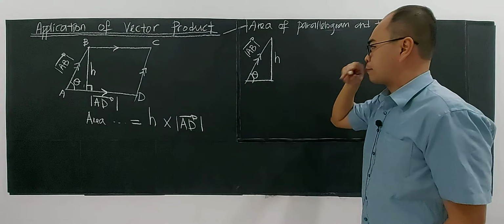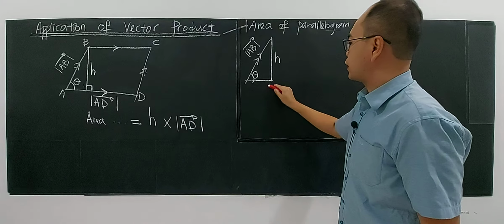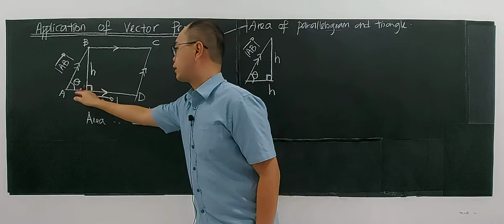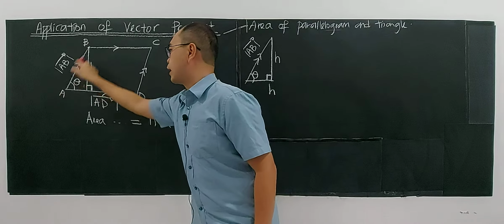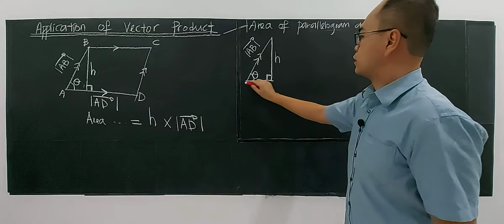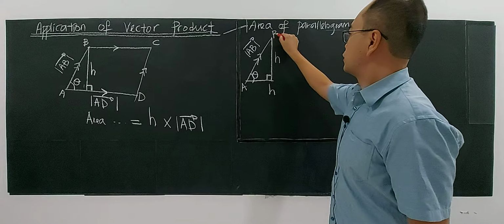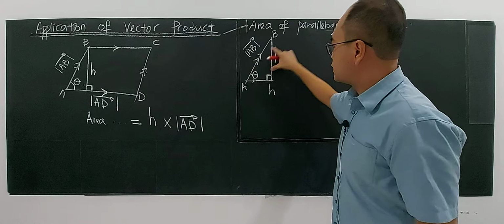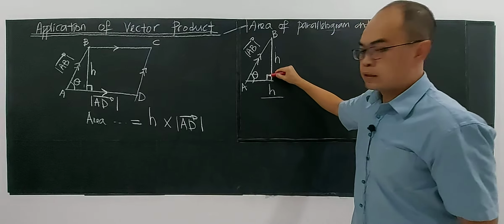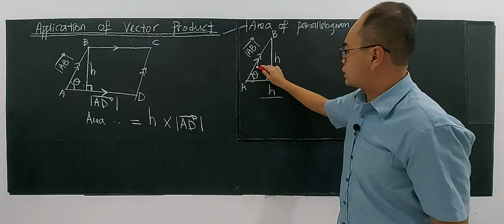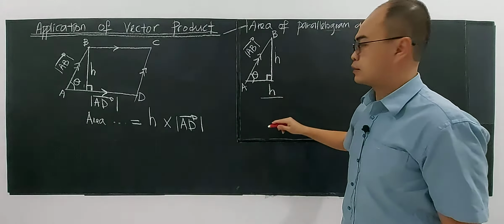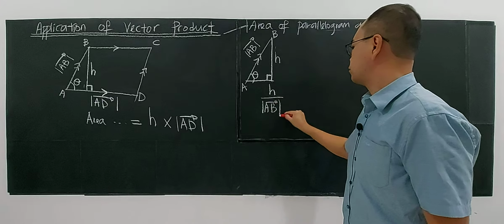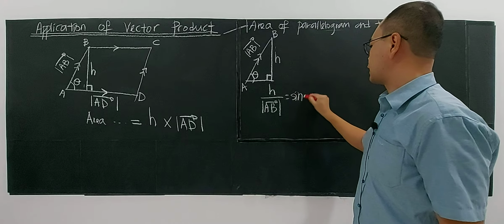Let's see how to write it. This is a right angle triangle, with AB to the base. H is opposite, and the side opposite the 90 degree angle is the hypotenuse, which gives sine theta.